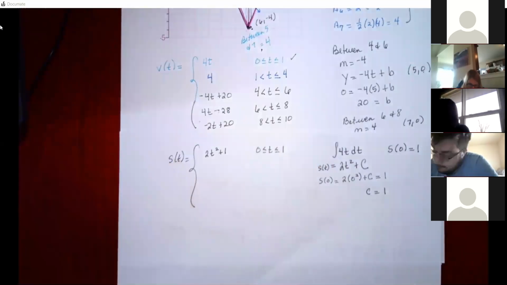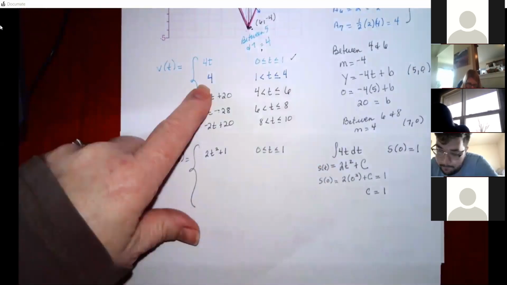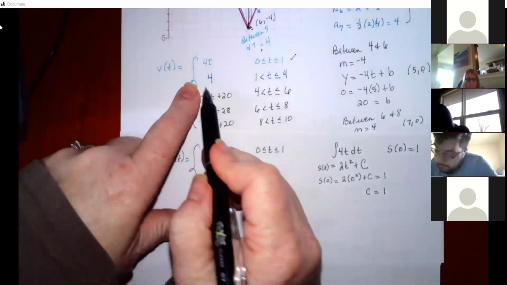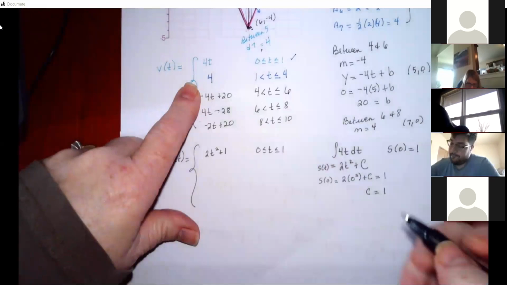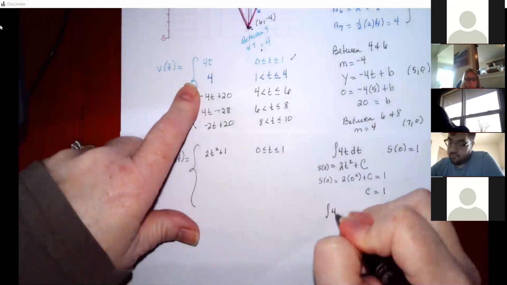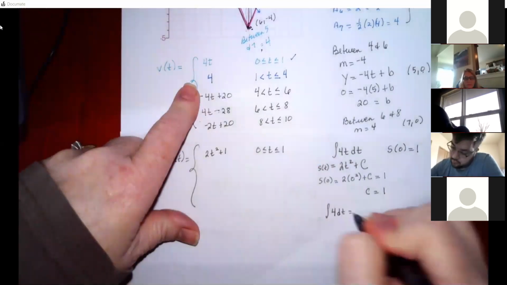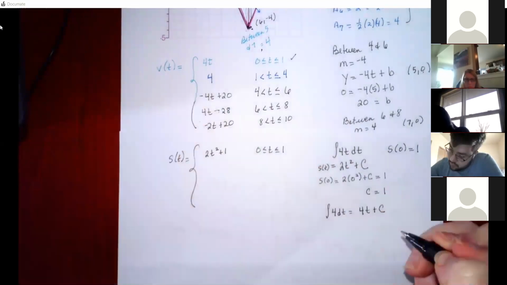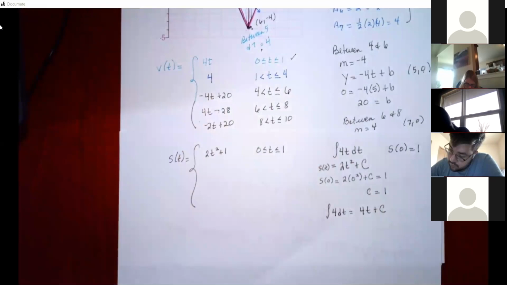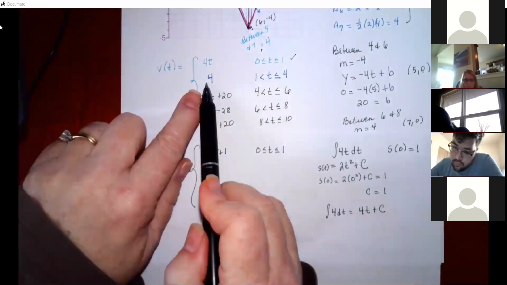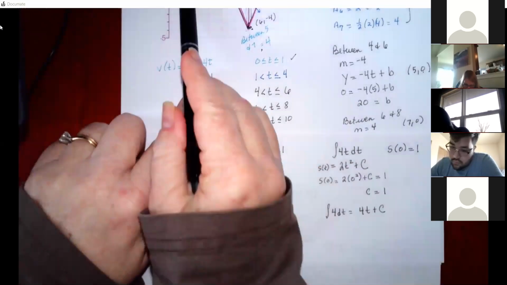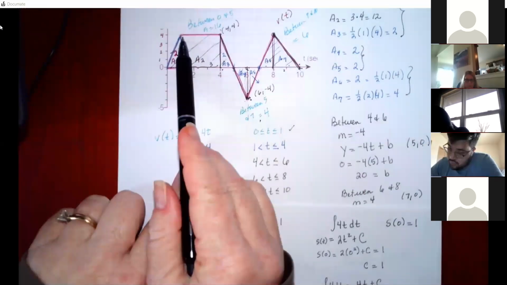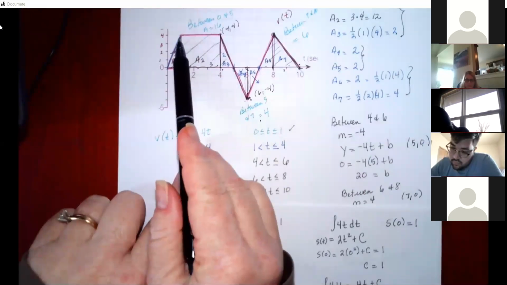To find the position on the second time interval, we're going to do the same thing, but we're going to integrate this function. So we're going to integrate 4 dt, which will be 4t plus c. But now what? This function started at 1, and we want the two functions to match up at the endpoint.